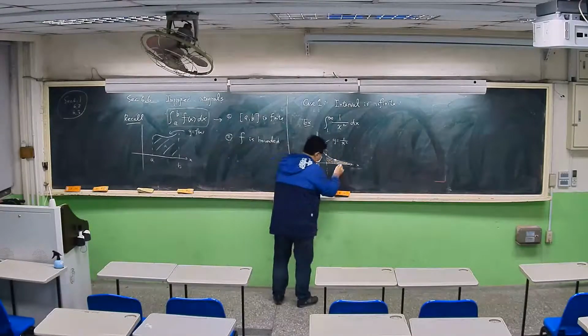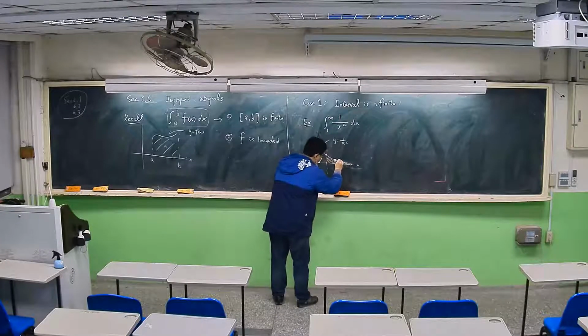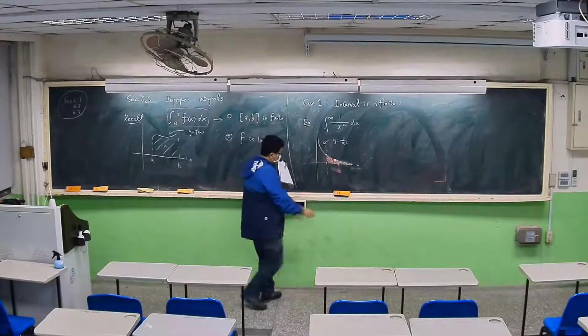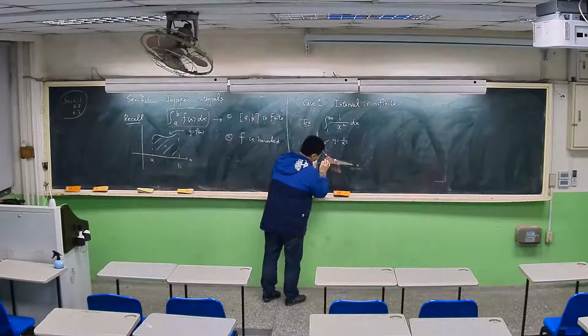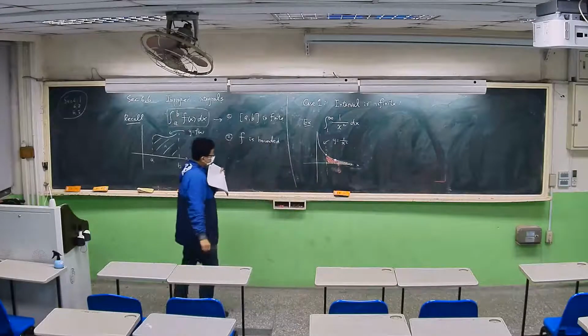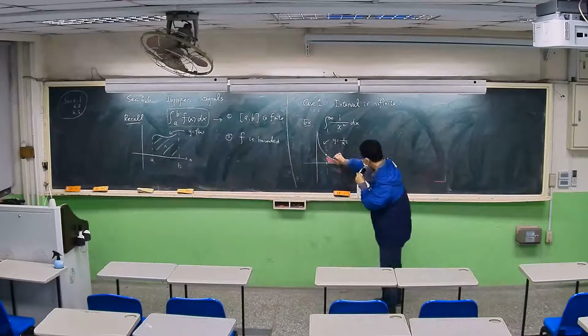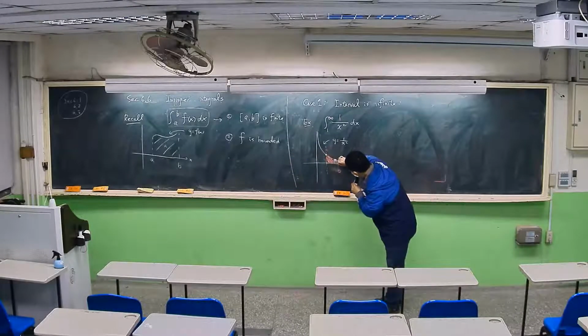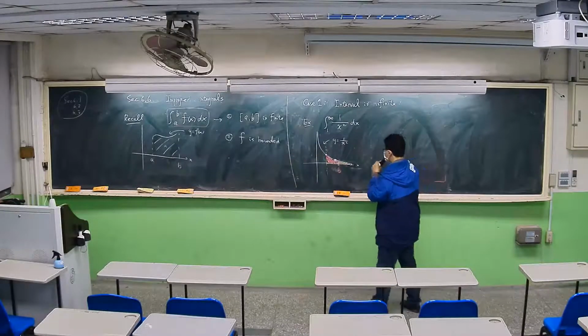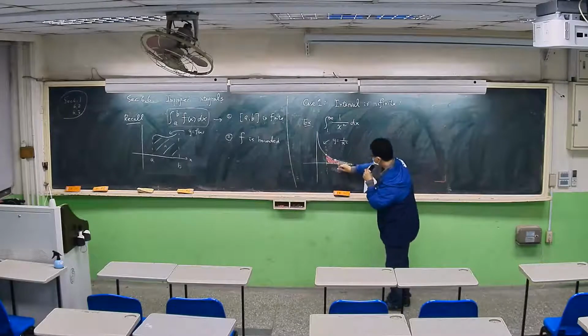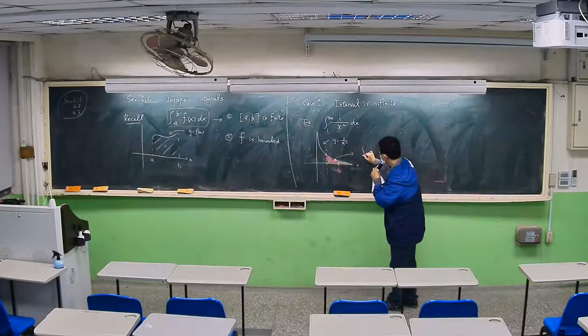So we could consider this case, denoted by b. Consider this area, which we label in red. We use the red color to explain it. This part, its area is, we integrate this function from 1 to b.